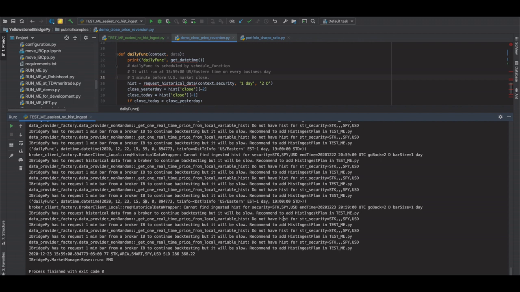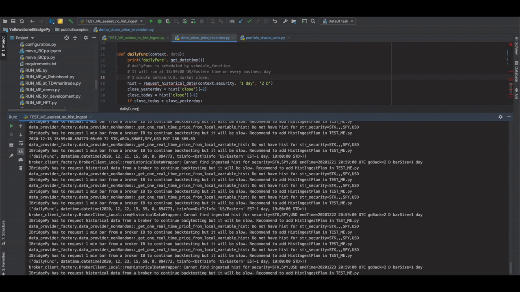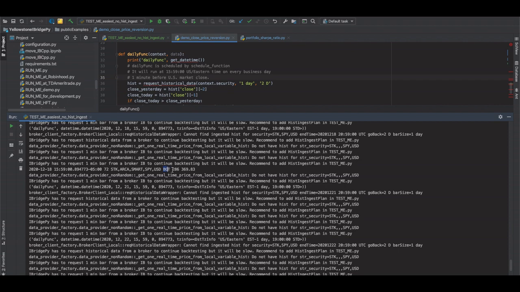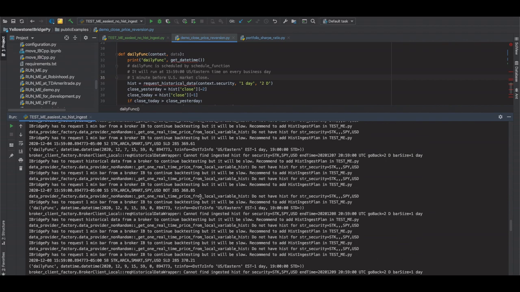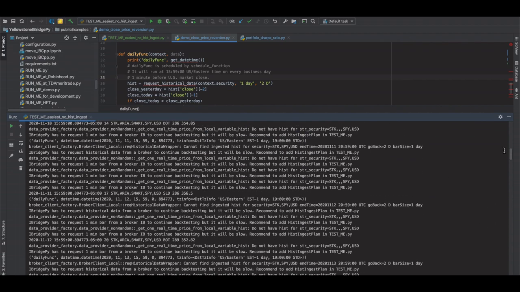However, IBridgePy Backtester does not know the transaction price at that moment, so it has to request 1 minute bar from the Interactive Brokers data center and use that price to simulate the transaction. That's why it happens. And you can see there are transactions sold, and I'm pretty sure there are transactions bought, number of shares, and the transaction price. And that's the backtesting done.